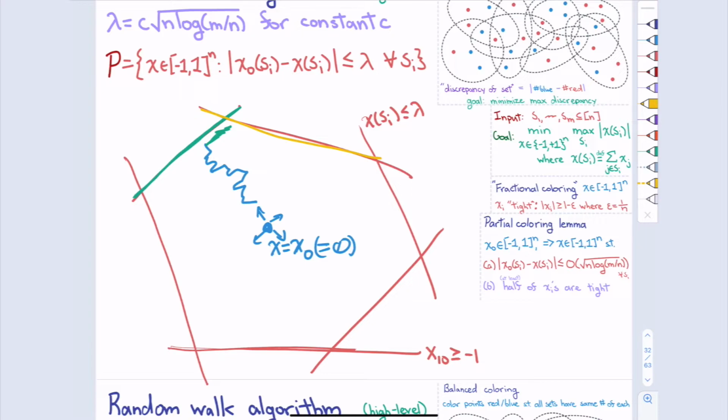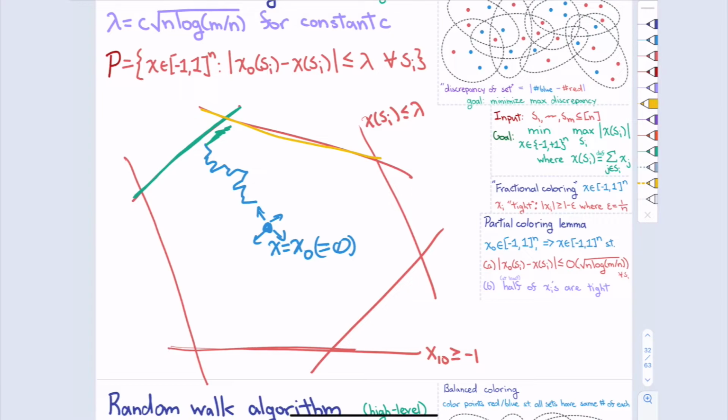I still have n minus 1 degrees of freedom, and I'm working in an n minus 1 dimensional space, which makes sure it'll never hurt the one constraint I'm worried about, until I pick up another tight constraint. And I say, I'm concerned about this one too, so I'm going to make sure that I'm always working in the subspace that's orthogonal to these two bad linear constraints. That leaves n minus 2 degrees of freedom, and I'll do a Gaussian random walk in there, and so on and so forth.